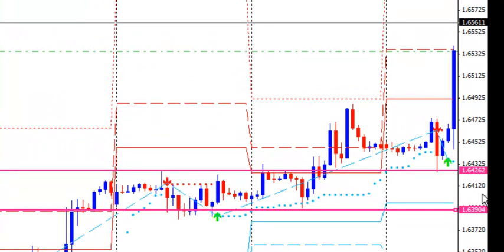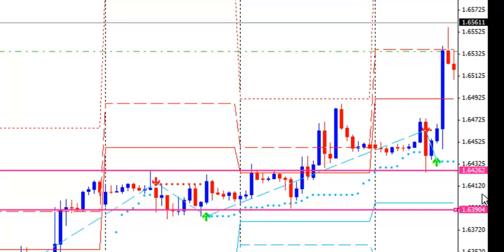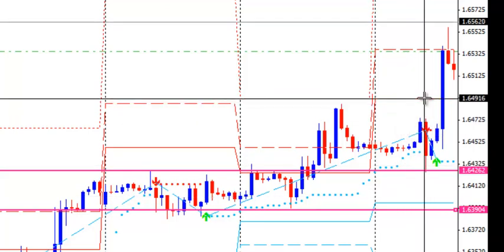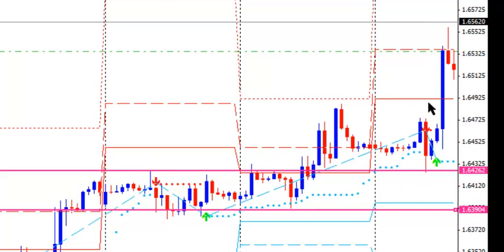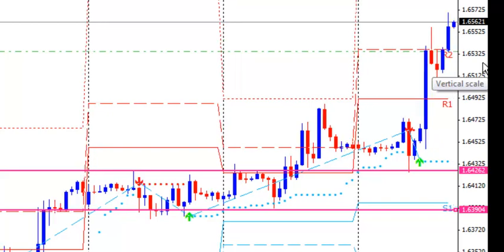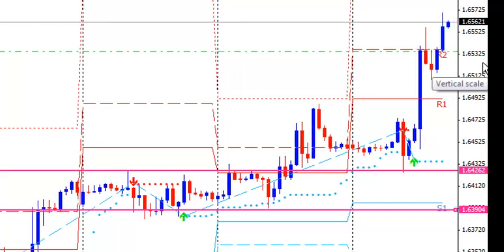It went up and actually went through this level over here, right, which is the R1 level. Yeah, that's right, R1. And it then went straight through and hit R2 and started coming back again. You can see bouncing around, and went through, and we're currently sitting at that level there.